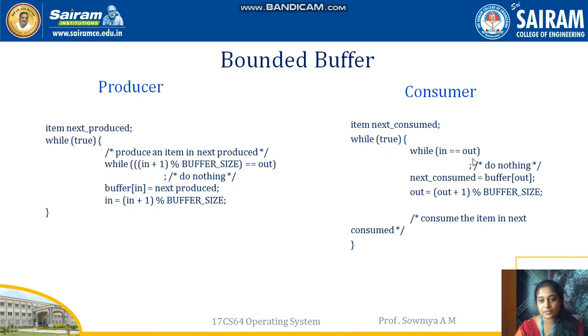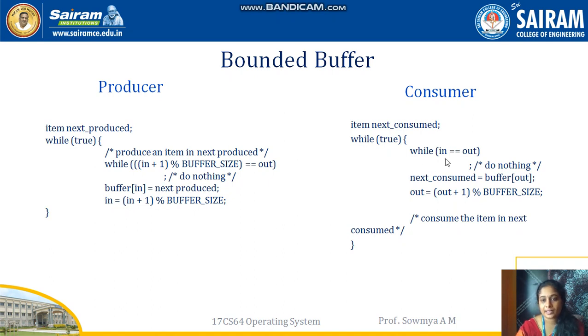If the in pointer is not equal to the out pointer, then next_consumed is equal to buffer[out], so the data from the out pointer can be consumed next. Then the out pointer is updated: out = (out + 1) % BUFFER_SIZE.